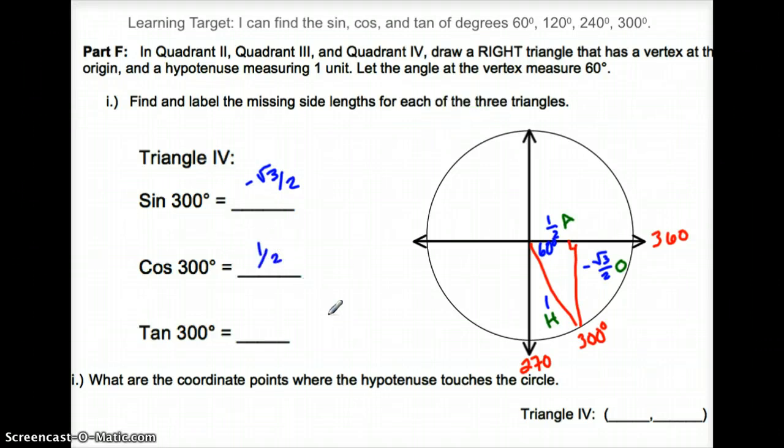And then tangent, again, O divided by A, the same numbers being divided, so it's radical 3, but one's positive, one's negative, so the final answer needs to be negative radical 3. And so last question, getting to this point on the circle, how do I do it? I go over a half, which is the cosine value, and then I go down negative radical 3 over 2. So that's the sine.